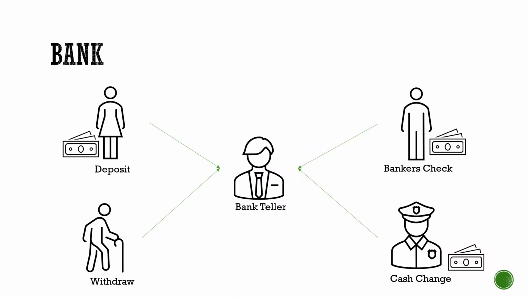Here you are asked to design a system for the bank teller. This time the designer looks from the client's view and designs the system. You see people who want to deposit cash, people who want to withdraw cash, people who want to get a banker's check, people who want to exchange cash. All of them interact with the teller.